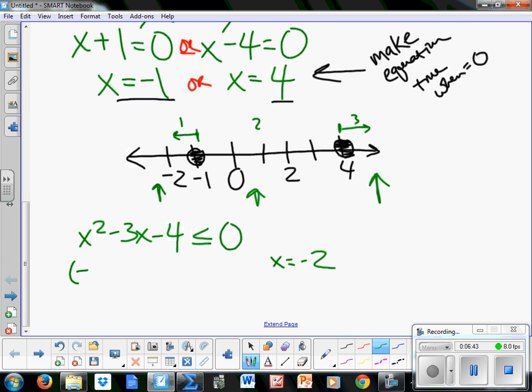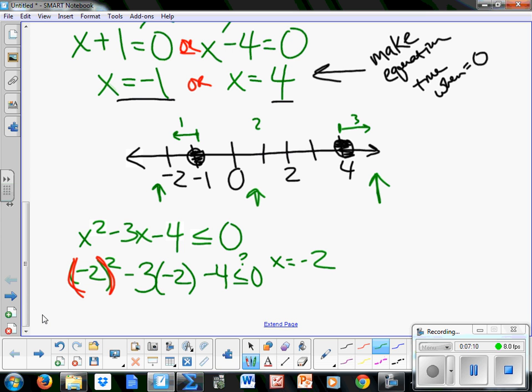So I need to plug in my -2. Now don't forget parentheses. I'm going to put these in red because they're so important. If you forget them, you won't necessarily be correct, because squaring the number -2 is very different than the negative of 2 squared. So we have (-2) squared minus 3 times (-2) minus 4 is less than or equal to 0.